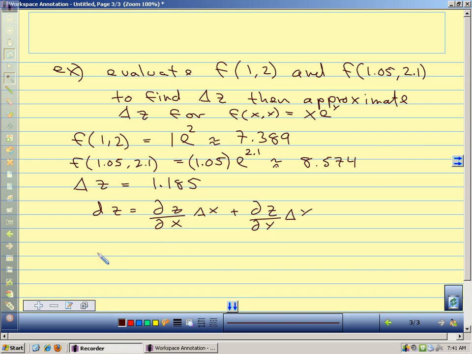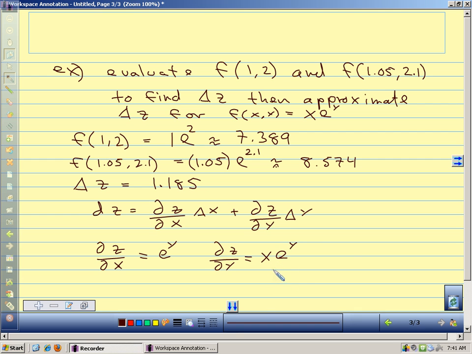So dz/dx equals e to the y, and dz/dy equals x e to the y, right?